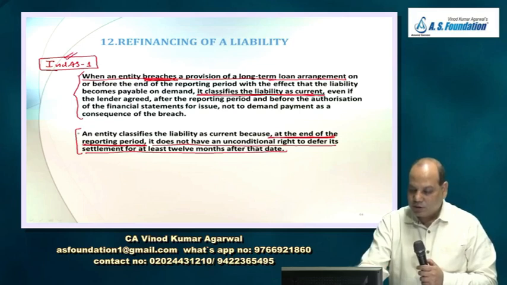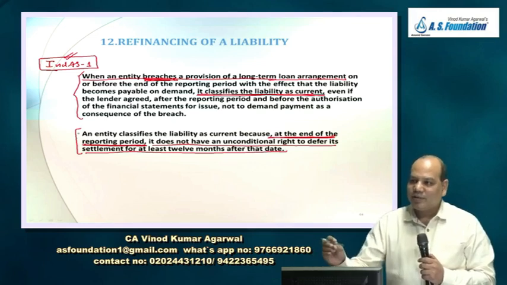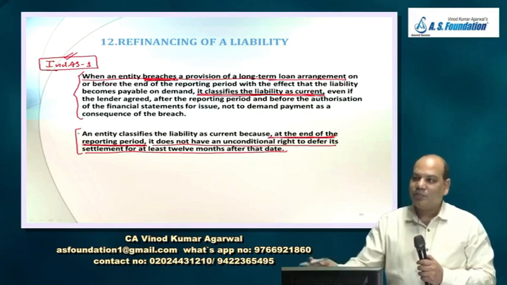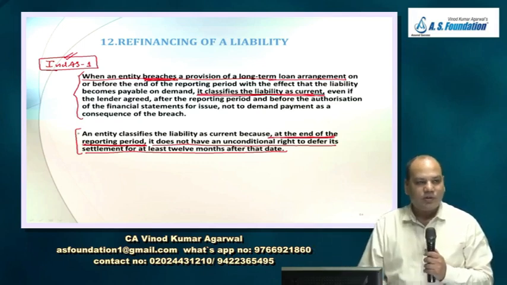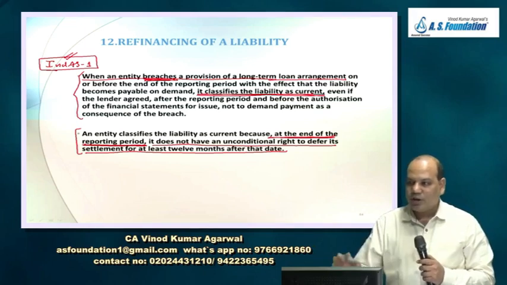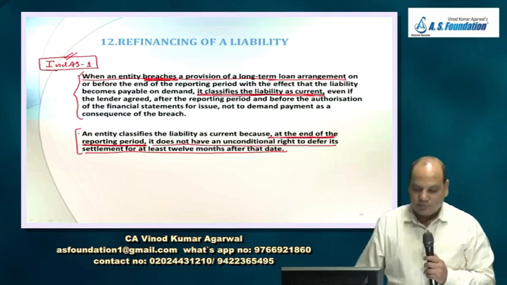Whereas IND AS 1 takes another view. IND AS 1 says once the banker has agreed, the lender has agreed, it becomes an adjusting event. Whereas this standard specifically says it is a non-adjusting event. So as on the reporting date, you didn't have an unconditional right to defer the payment.